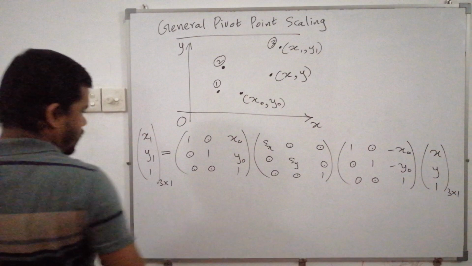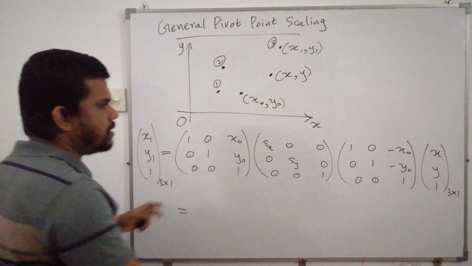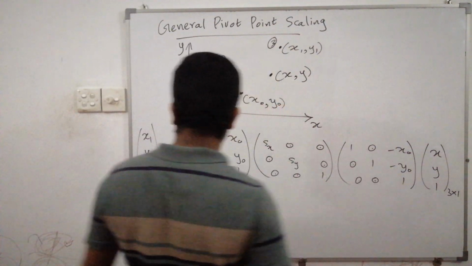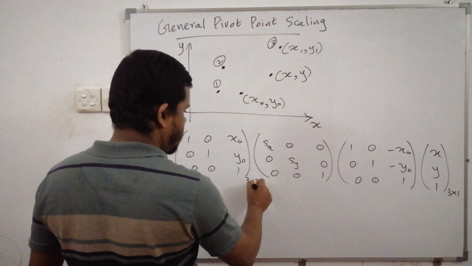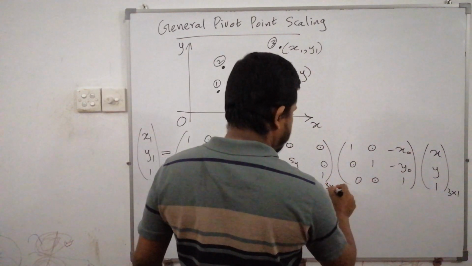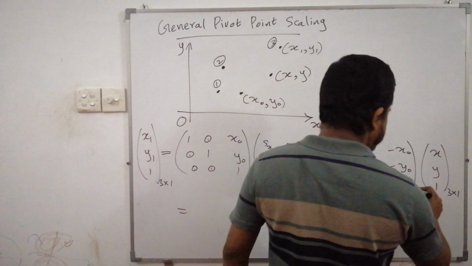As usual, we can multiply these three matrices. Their types are 3 cross 3.